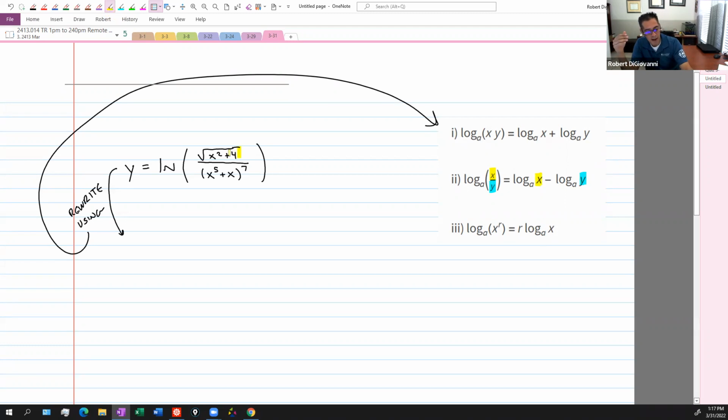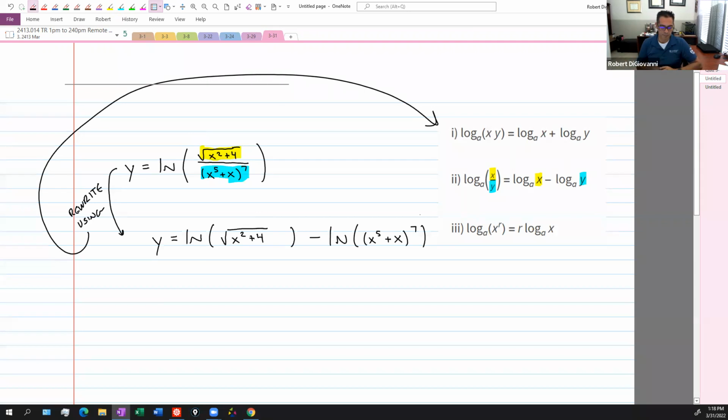I see that I have a yellow thing on top and a blue thing on the bottom, so I can use that property first. So y can be rewritten as two logs: the natural log of the square root of x squared plus 4, minus the natural log of x to the 5th plus x, to the 7th. Is that okay?